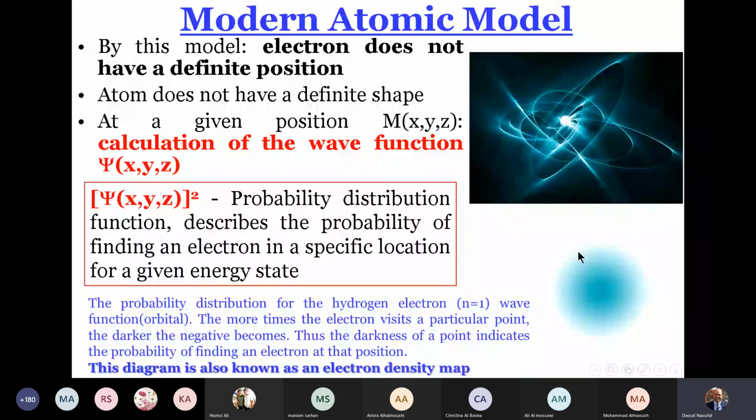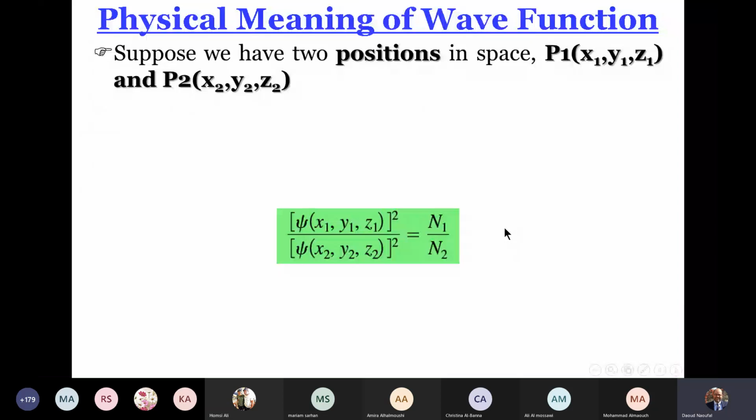What is the physical meaning of a wave function? Suppose we have an atom and we have two positions, the position P1 of coordinates x1, y1, z1, and the position P2, x2, y2, z2. The coordinates are determined according to a center, which is the center of the nucleus.